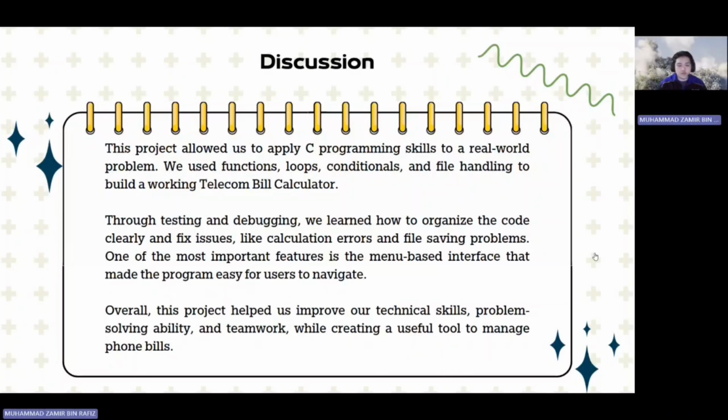One of the most important features is the menu-based interface that makes the program easy for users to navigate. Overall, this project helps us improve our technical skills, problem-solving ability, and teamwork while creating a useful tool to manage phone bills for our users.